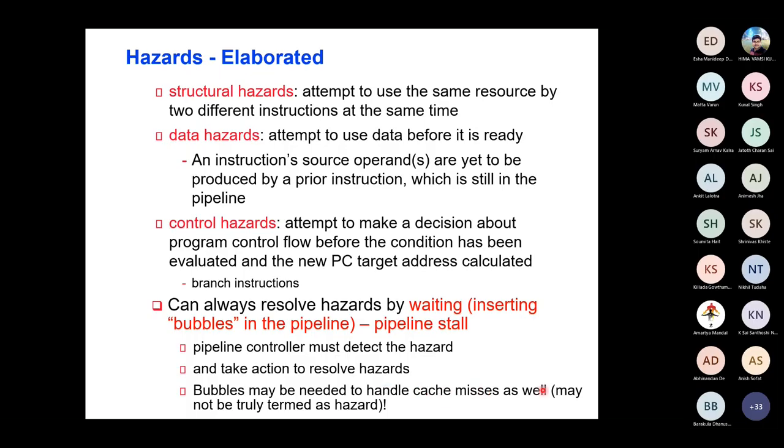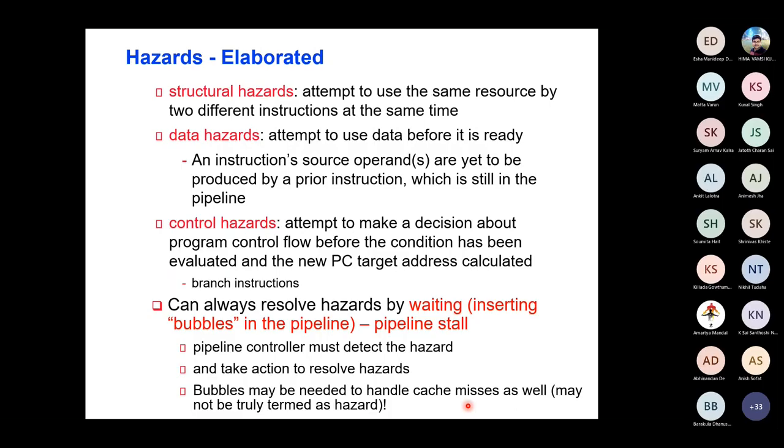But these cache misses are not truly termed pipeline hazards. They cause delays in the pipeline, just like hazards, but they are not termed hazards. They are processed separately, because in order to handle cache misses you have separate cache hardware and so on, right?